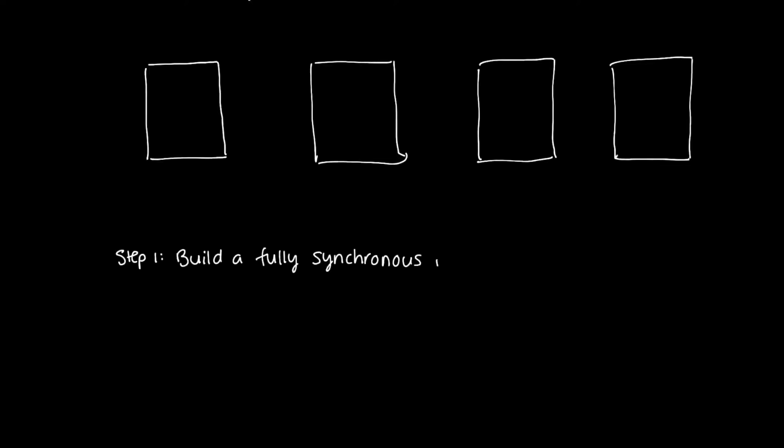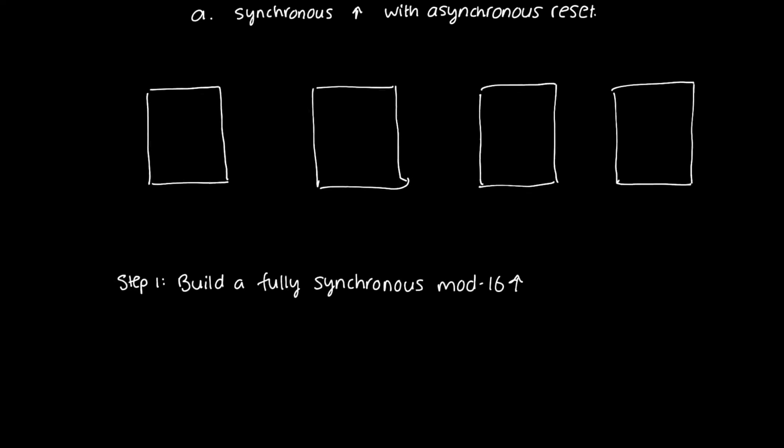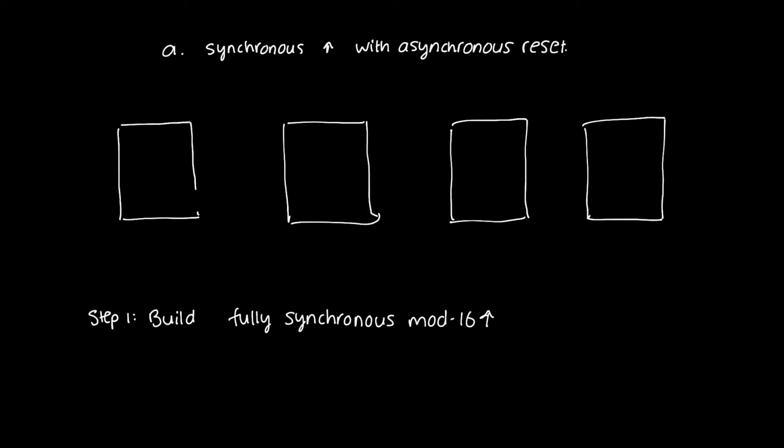Recall that generally for a fully synchronous counter, I wire pre and clear, those asynchronous inputs, to be inactive. So if they're active low, I wire them high.